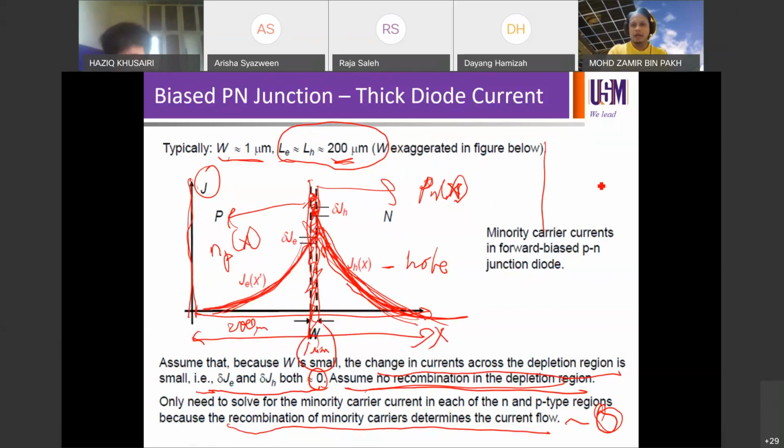Have you learned about this I-V curve? Can you recall this curve? Which subject was that? Electronic 1, he answered. Electronic, okay, right.